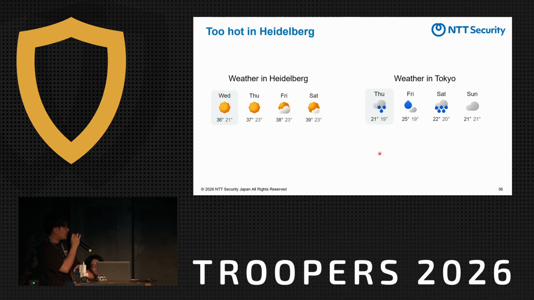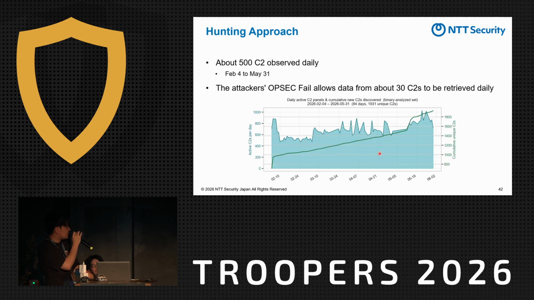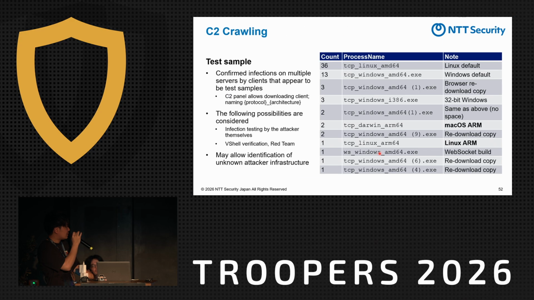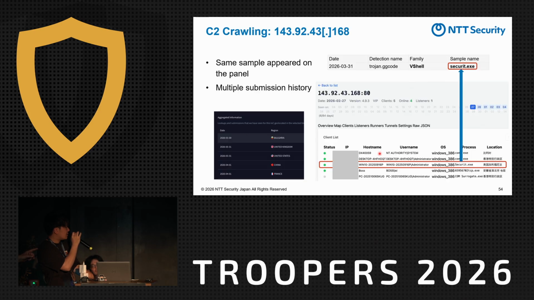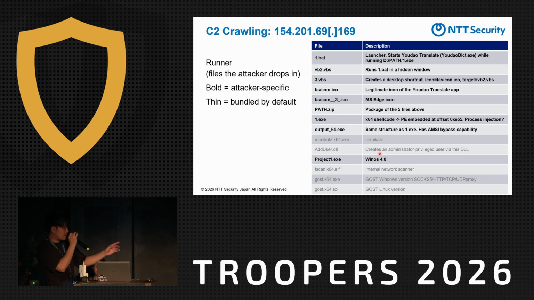We cannot observe the command history, so what attackers did through VShell we can't observe. But when you look at those, for example, this is very close to the initial access.